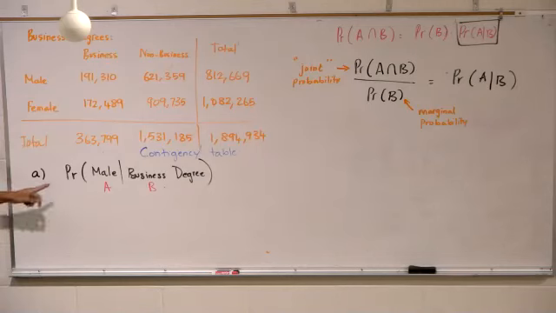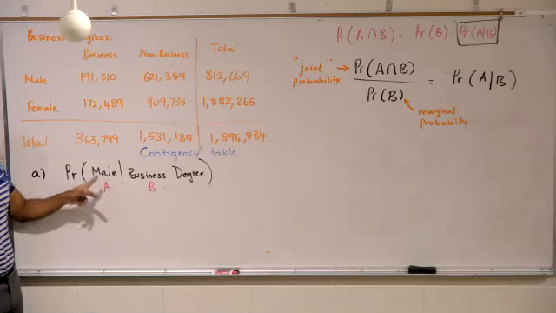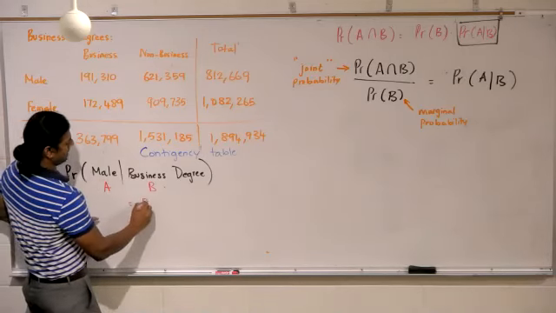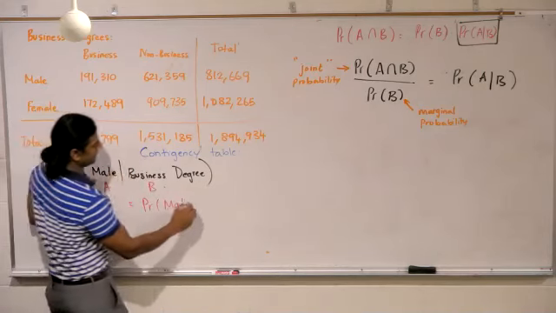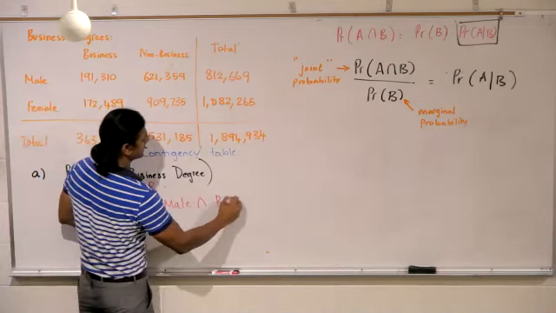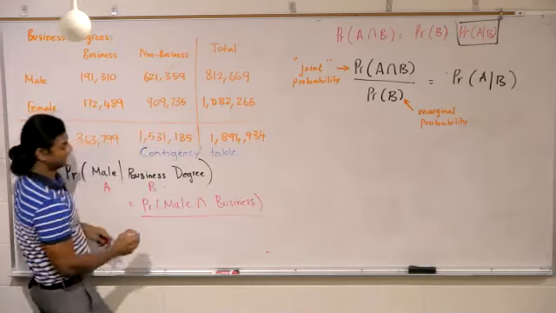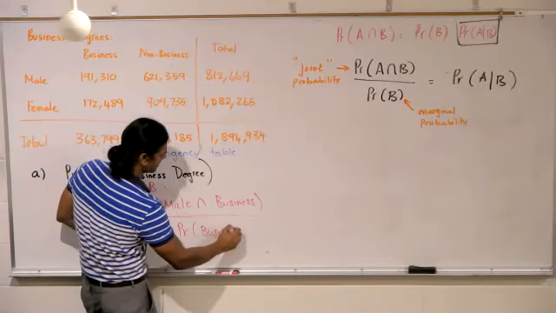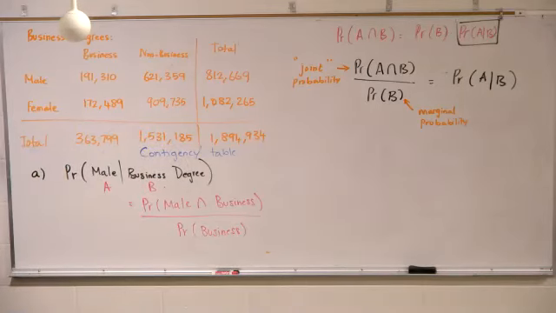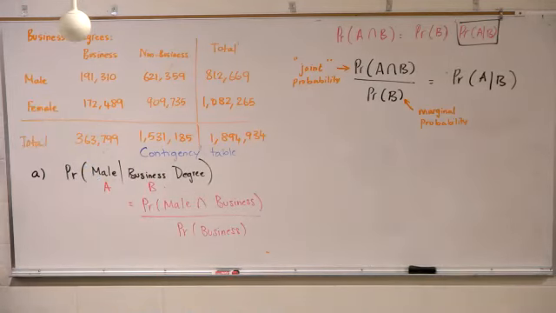So if I use that formula, I would like to find the probability that a person is male and got a business degree, divided by the probability of someone having a business degree. Do you agree? P(A,B) divided by P(B). Great.